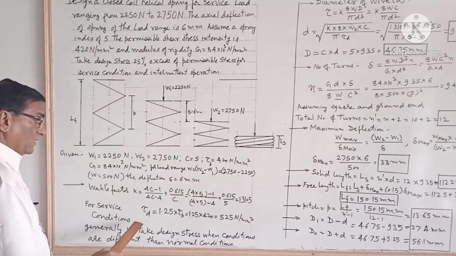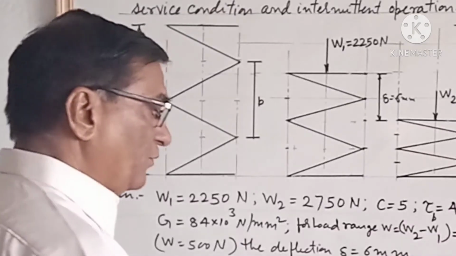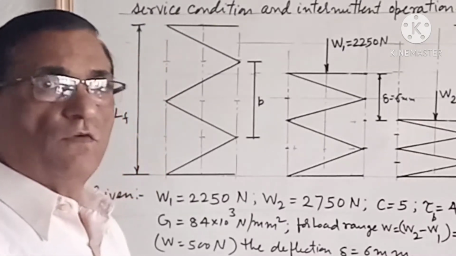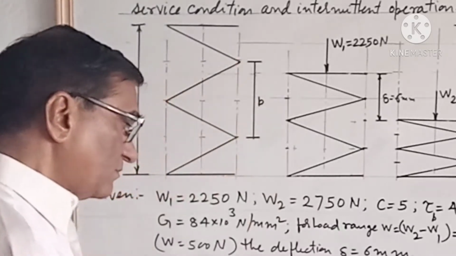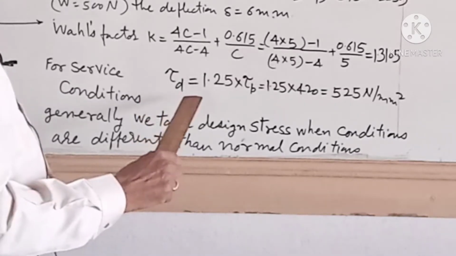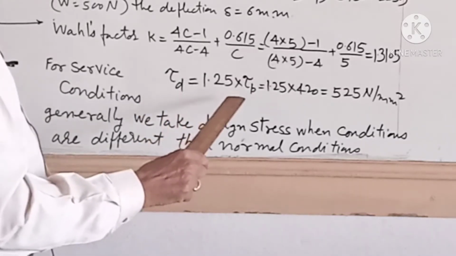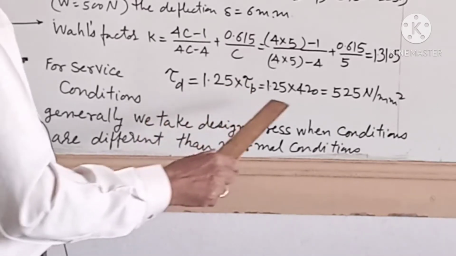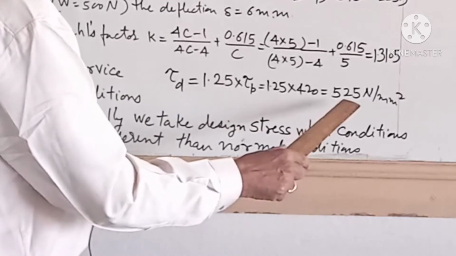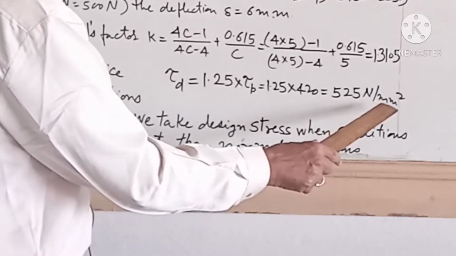Now we take the design stresses. As mentioned in the problem, we have to take 25% more for the given working conditions. Now design stress tau D is equal to 1.25 multiplied by tau permissible. So tau design comes out to be 525 Newton per millimeter square.